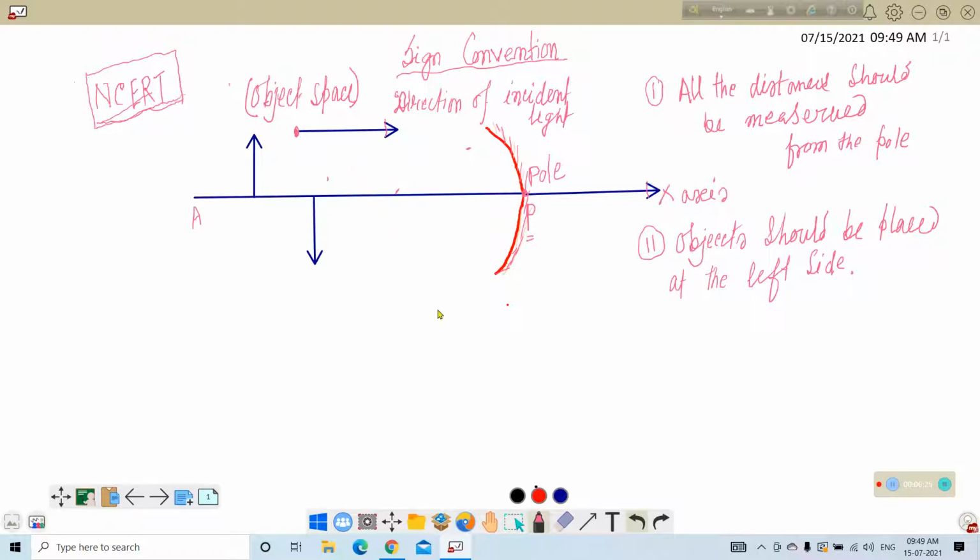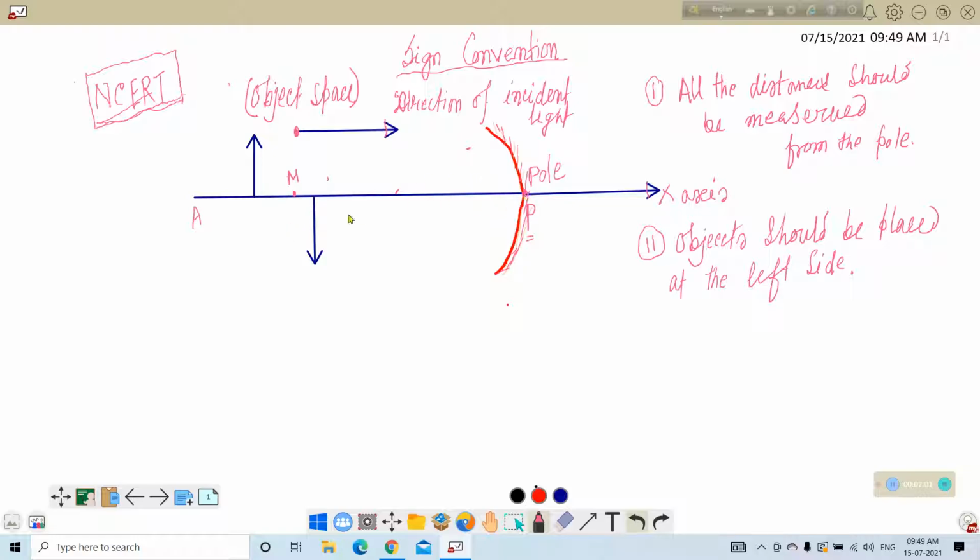In this case, by the first principle, all the distances should be measured from the pole. The distance may be along this direction or along this direction. Suppose this is the object space. To measure the distance of the object from the pole, this will be the distance, from P to M. M is the point occupied by the object.